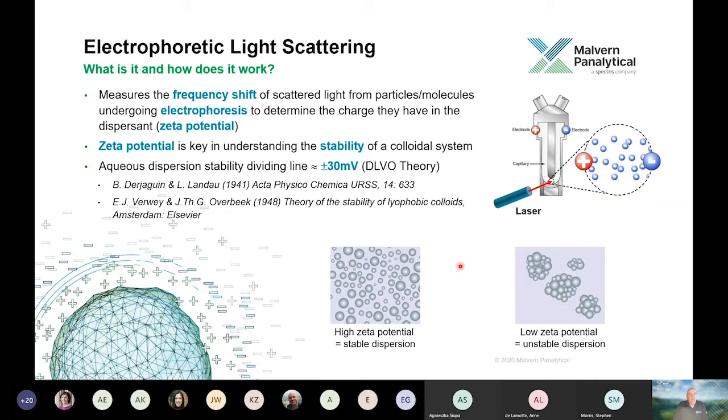And the sample will undergo various processes. It could be flocculation, it could be aggregation. In emulsion systems, it could be creaming effects, for instance, or Ostwald ripening effects. So different processes can occur. So ideally, most people that we work with who are manufacturing products would like to have either a very negatively charged sample or a very positively charged sample, so that the product is stable for a long period of time.